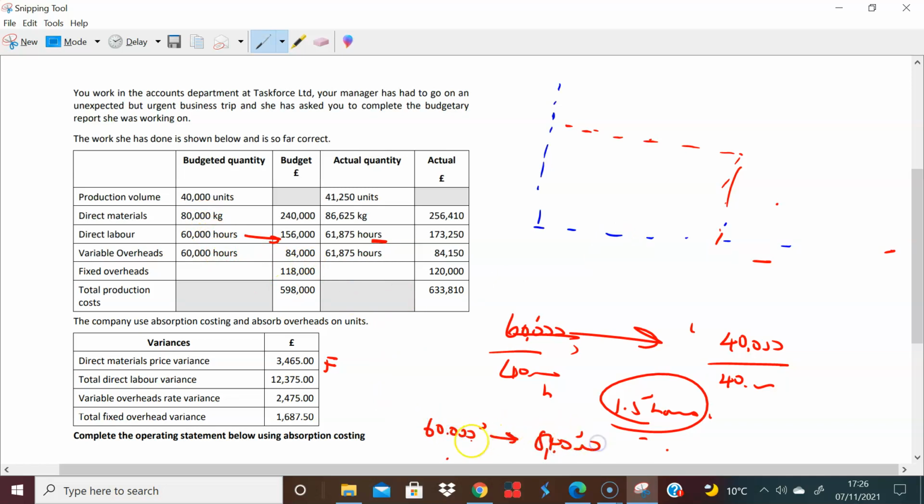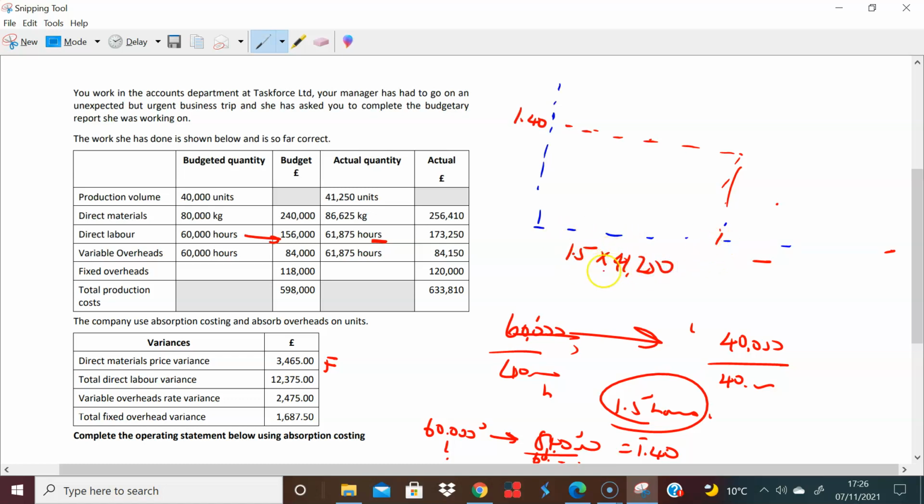So 1 hour would be 84,000 divided by 60,000, and 84 divided by 60 is 1.4. So £1.40 per hour is the figure we're working with here, and we are putting in 1.5 hours for every unit. So 1.5 times 41,250.